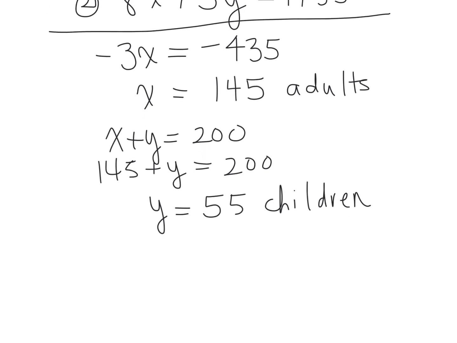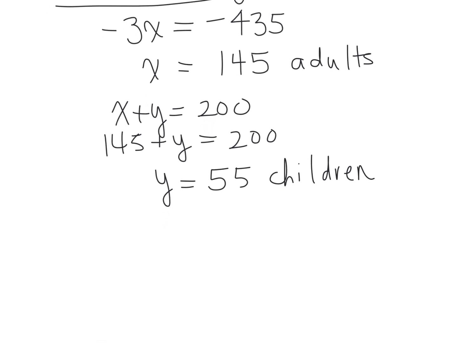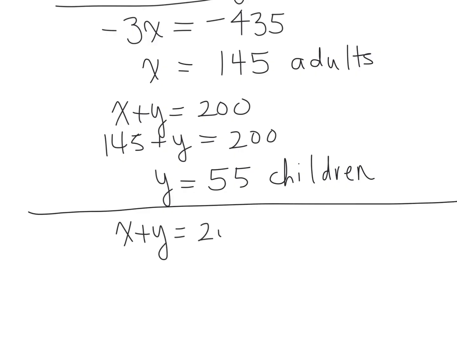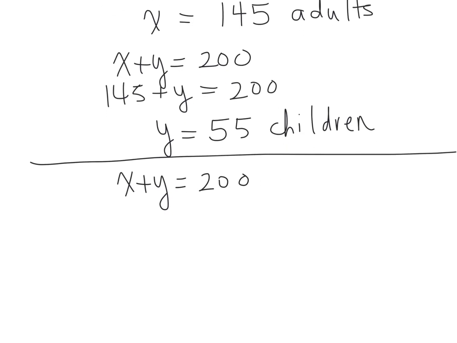This is one that's quite conducive to solving with substitution. So again, we have x plus y equals 200. If I were to rearrange that equation 1, I would say that x is equal to 200 minus y, which makes sense, right? Number of adults is equal to the total people in attendance minus the children's numbers.